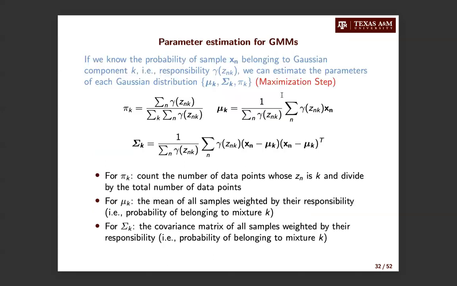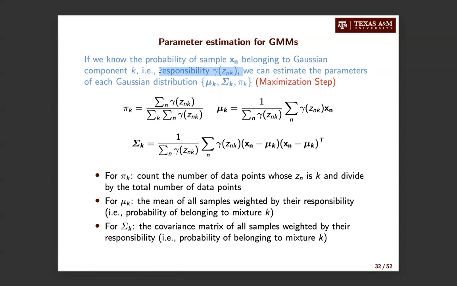And in order to do this, we need to assign each of our samples to some Gaussian mixture. Now, instead of having a hard assignment where each sample is only assigned to a single mixture, we're going to have a probability of assigning sample n to a Gaussian mixture K. This probability is called responsibility and is denoted by this term gamma of n, k.